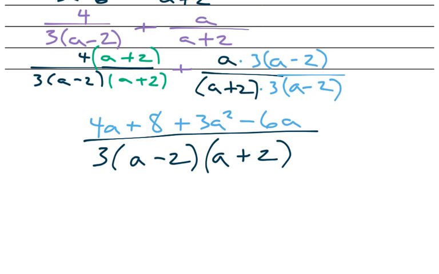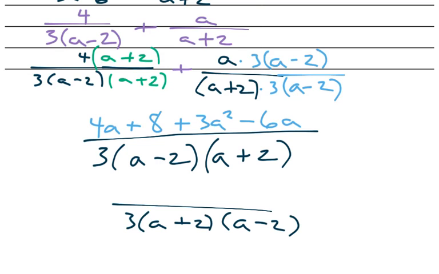Sometimes it's nice to deal with the numerator in a different order because normally we see the squared term first. I have 3a squared showing up. 4a minus 6a gives me minus 2a plus 8.